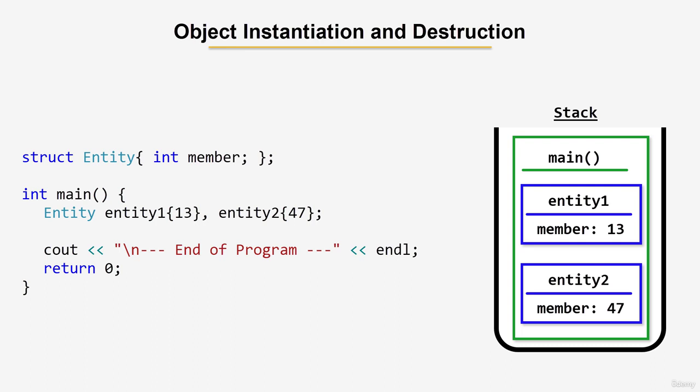Now, of course, with a variable, an instance of a fundamental type such as float or int and so on, once that variable goes out of scope, in this case the scope is within the main function, and we go out of scope when we return from the function, or when program execution reaches the closing curly brace, at that point the variable is destroyed and removed from the stack.